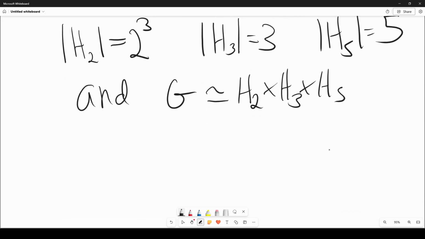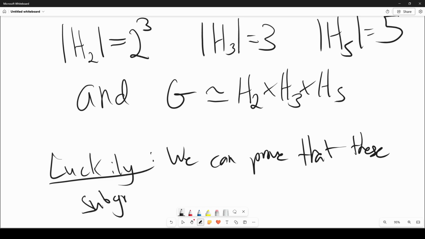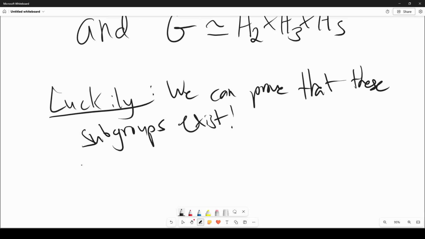Now, luckily, we can prove that these kinds of subgroups exist in any group that has size 120. But unfortunately, we can't prove the latter condition, which is writing G as the product of them.